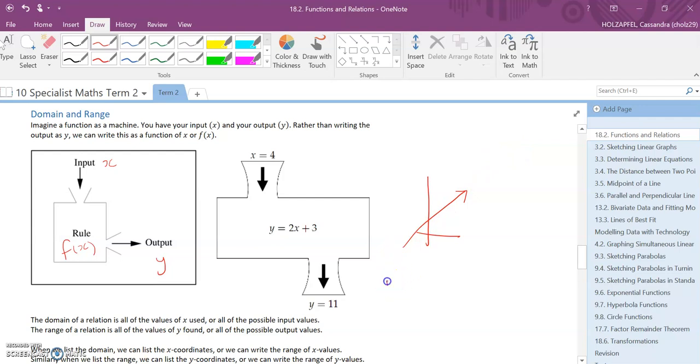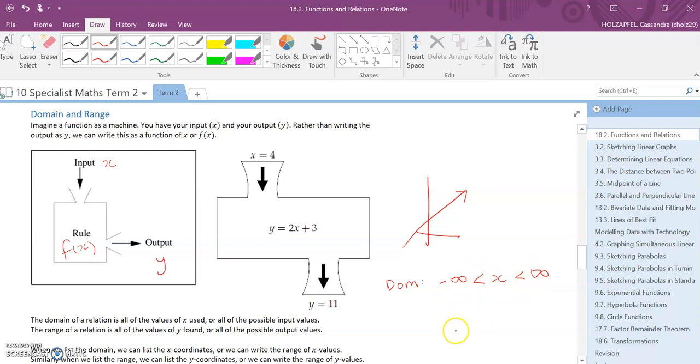The way that I would write that, my domain for x: this goes all the way back, continuing all the way back to negative infinity, and then it goes all the way up to positive infinity. Now keep in mind, you never actually reach infinity, so that's why we only ever do the less than sign.